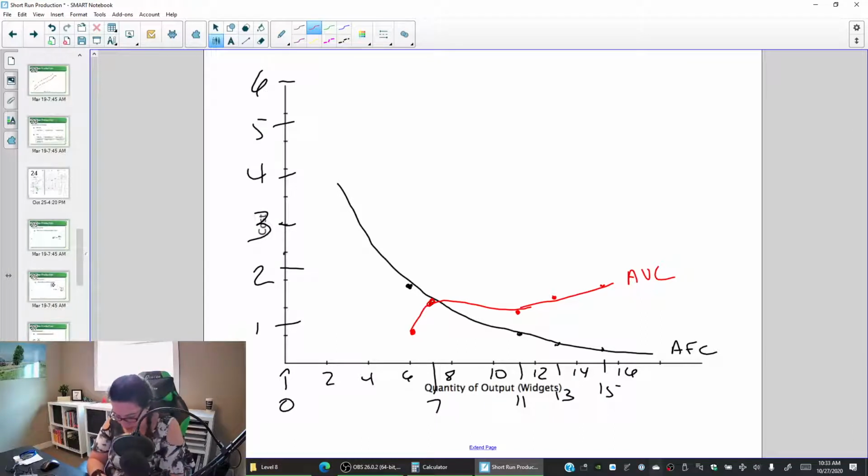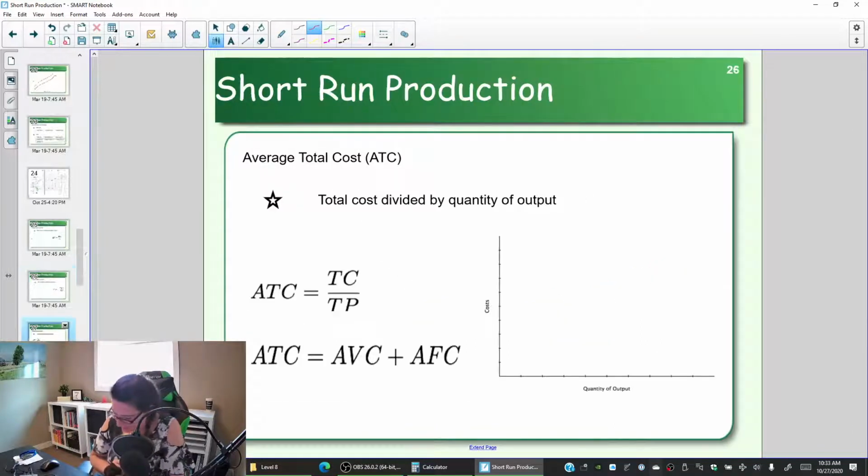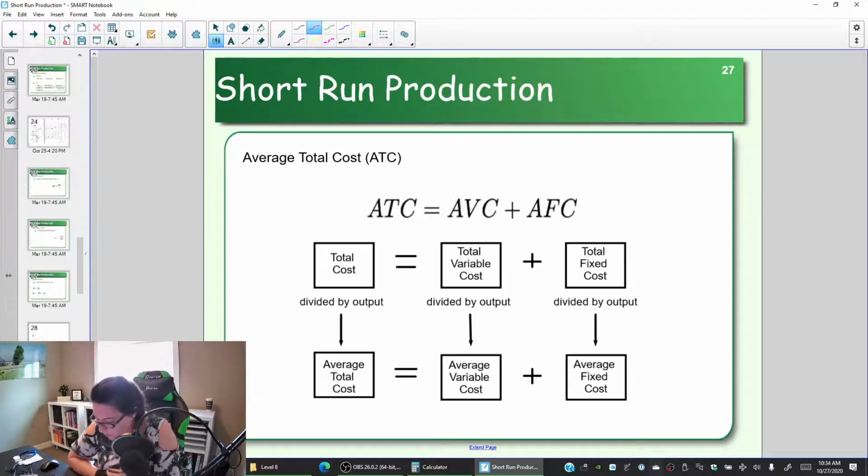Now let's look at average total cost. So average total cost comes from taking total cost divided by total product, or by adding average variable cost plus average fixed cost. These actually give you the exact same number because we know that average variable cost is just total variable cost divided by output, and average fixed cost is total fixed cost divided by output.